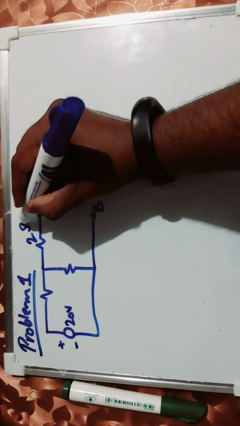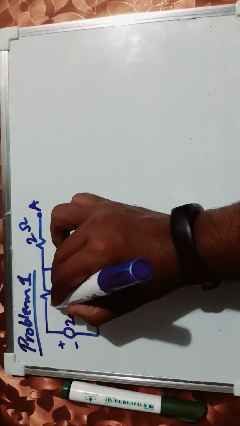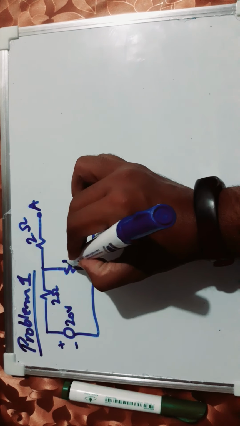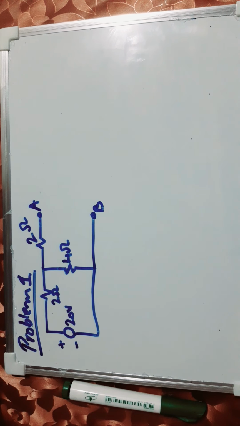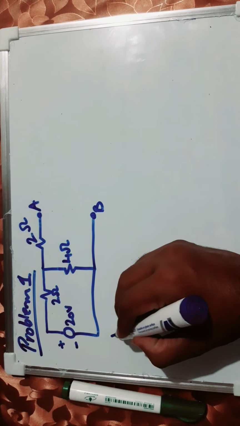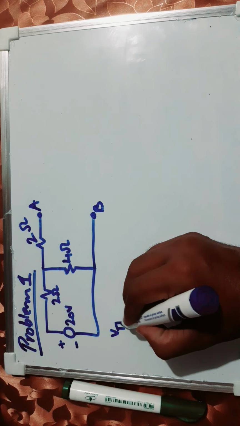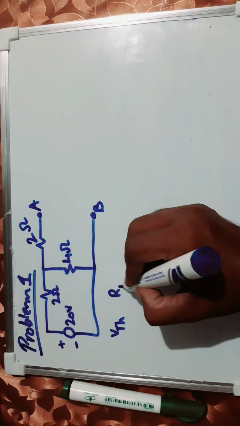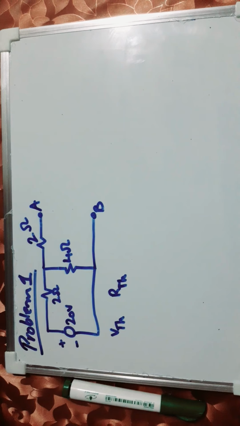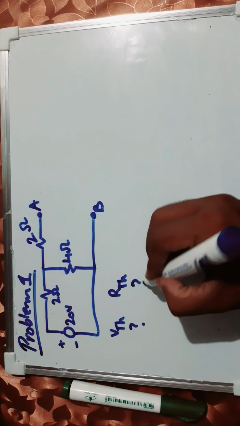The values are 2 ohm, also 2 ohm, and 4 ohm. So we have to solve this circuit by Thevenin theorem, and we have to find Thevenin equivalent voltage and Thevenin equivalent resistor.